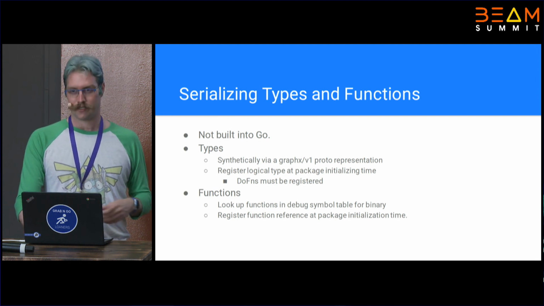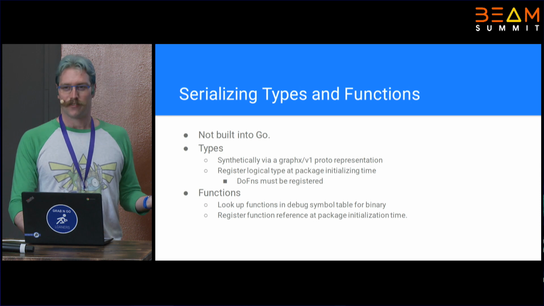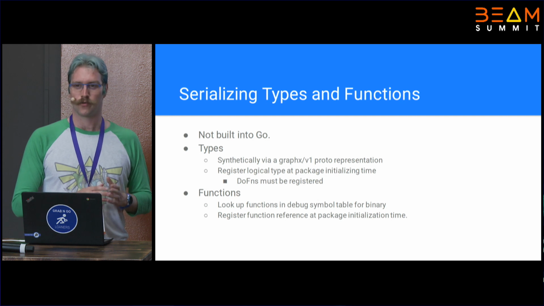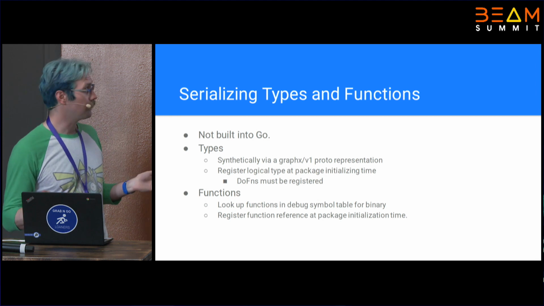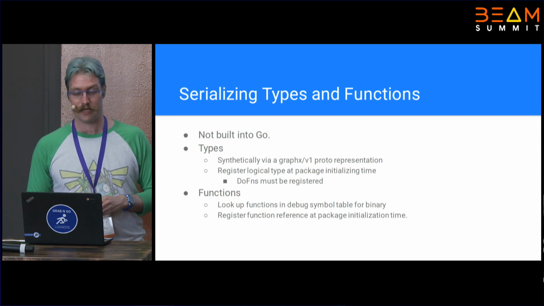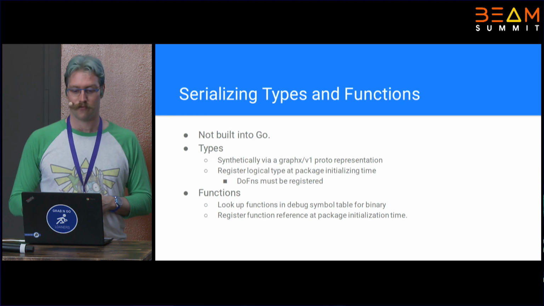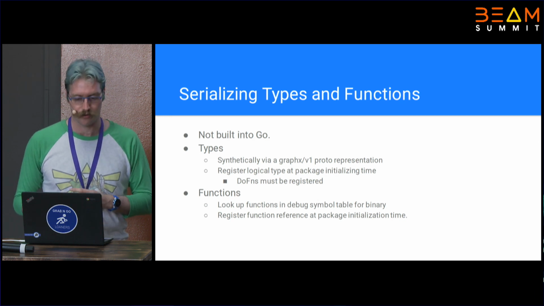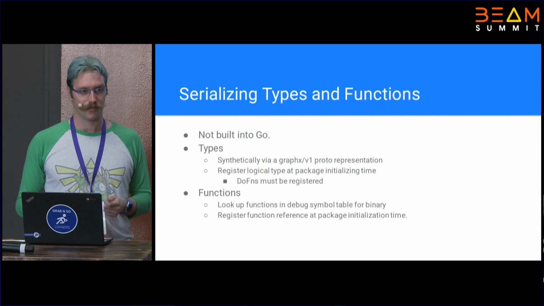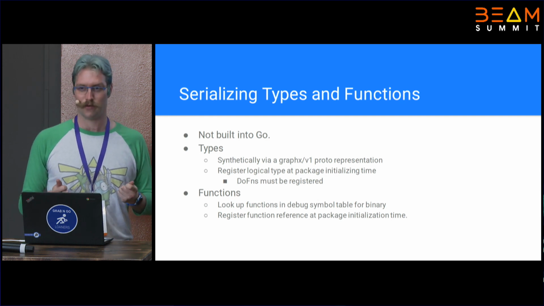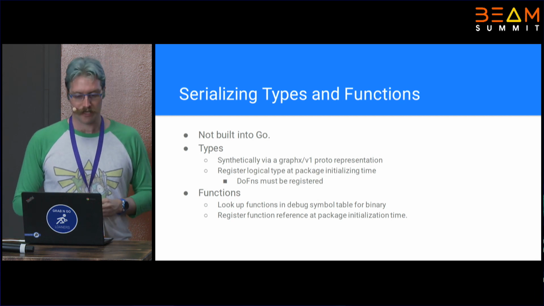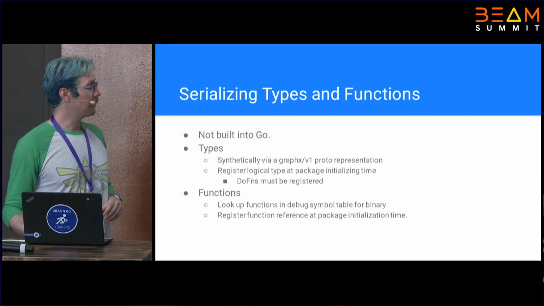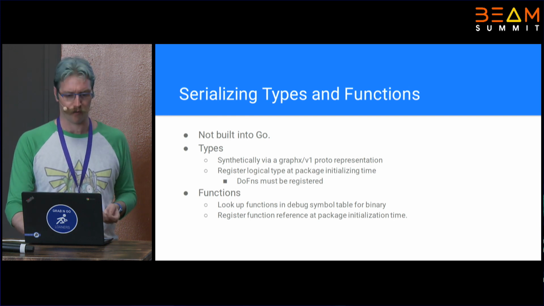On the other side of the river, we use the reflect package to completely synthetically recreate a type if that approach is used. Alternatively, if you register your type at package init time using one of the Beam methods I will show in the next slide, we then just have the reflect type variable, and we can use it directly, which is a much more concise representation, especially for complex types, and also leads to certain performance benefits.